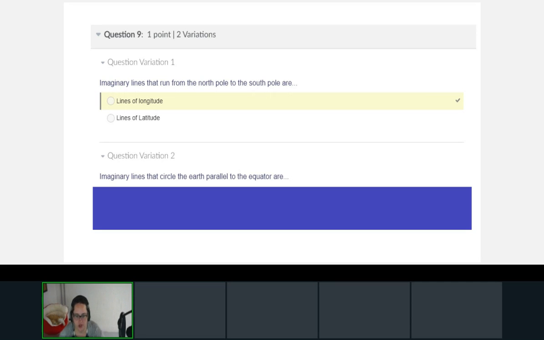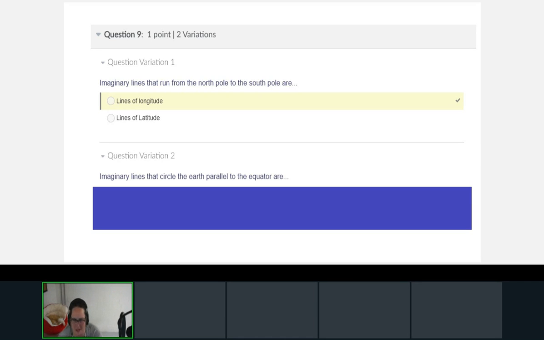Imaginary lines that circle the Earth parallel to the equator, so vertical, horizontal. I'm sorry, let me take a break here. Let me get a picture out. Maybe this will help. All right, so vertical, horizontal.